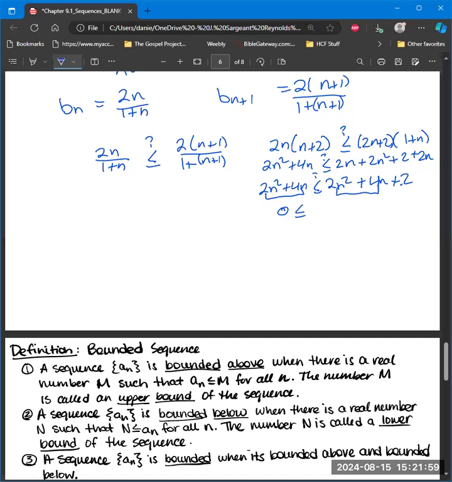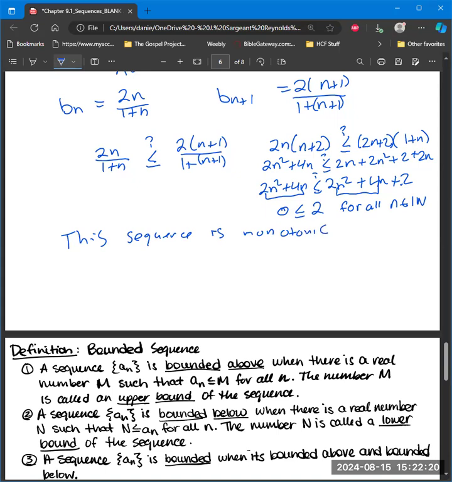This is the same thing as saying 0 is less than 2 for all n that are in the natural numbers. Therefore, this sequence is monotonic.